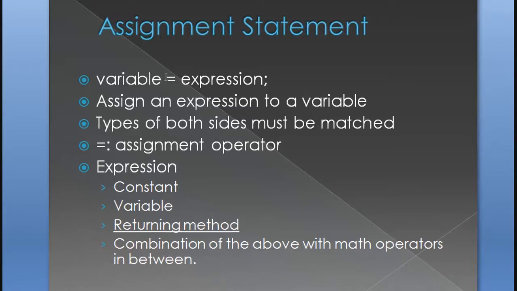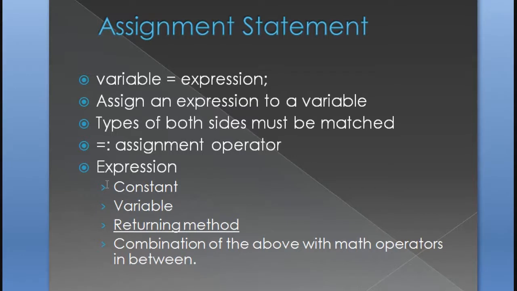The equals you see here is an assignment operator. And later in this tutorial, you'll see two equal signs right next to each other, double equals, and that is a logical operator for equal to. So what can be an expression?